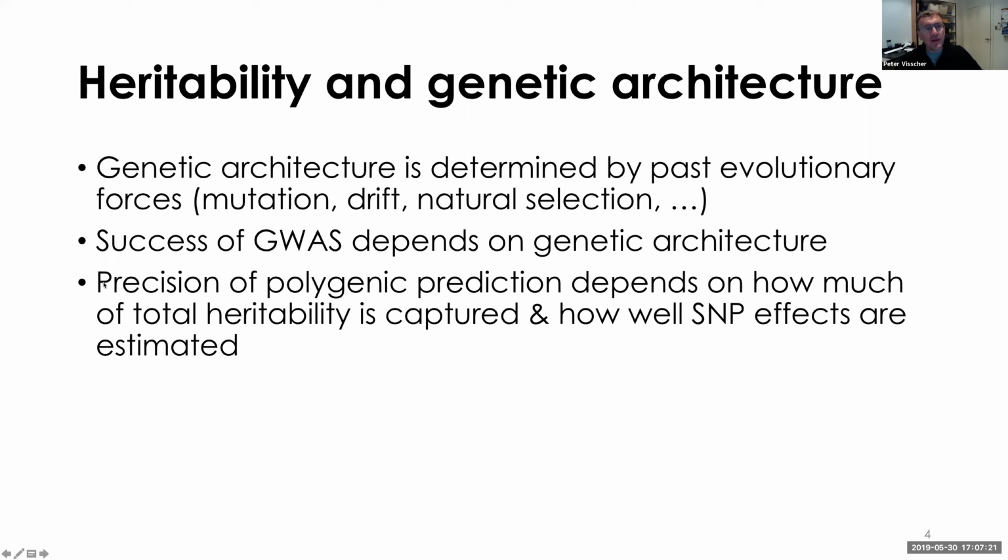And finally, because polygenic risk scores are so much in the news, the precision of polygenic prediction depends on the total amount of genetic variation that's captured from our genomic technology, and how well the SNP effects are estimated. So the precision of polygenic prediction also depends on the genetic architecture.